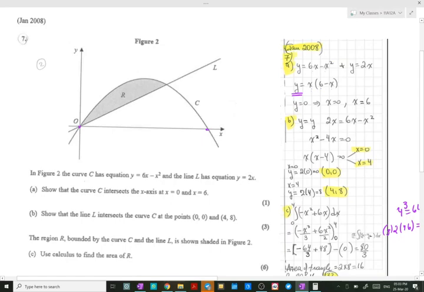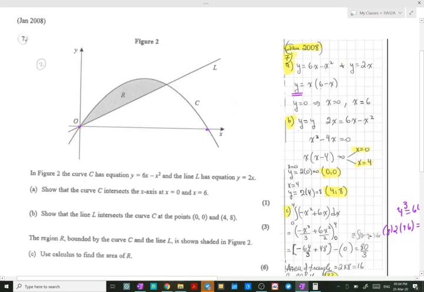Part B, show that the line L intersects the curve C at the points (0, 0) and (4, 8). So when two graphs meet, either a line and a curve, or a curve and a curve, you have to use the method of y equals y.